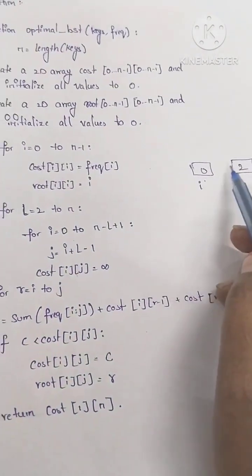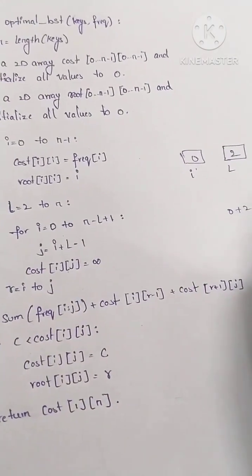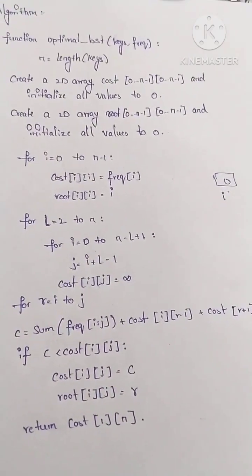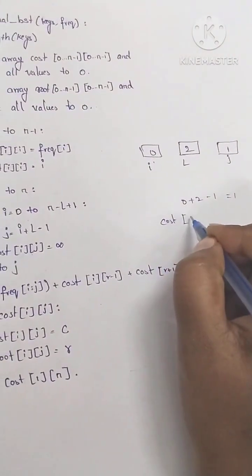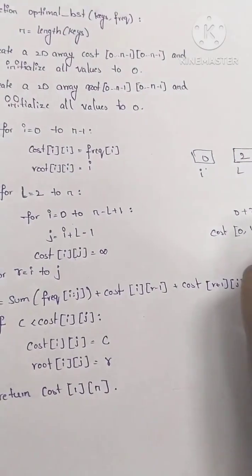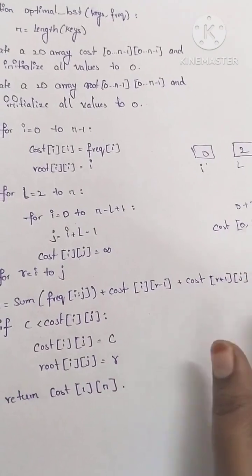I equal to 0 plus 2, 0 plus 2 minus 1, which equals 1. Now j value is 1. Now we are going to find out the cost of I comma j. I is 0 and j is 1. Firstly, initialize with infinity.